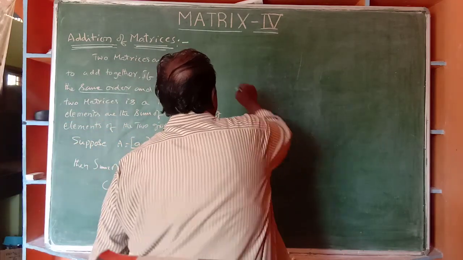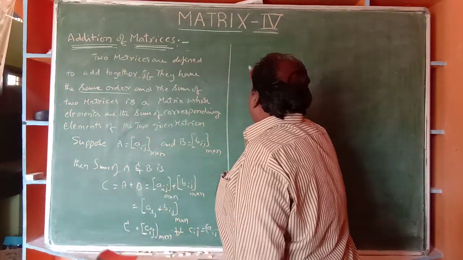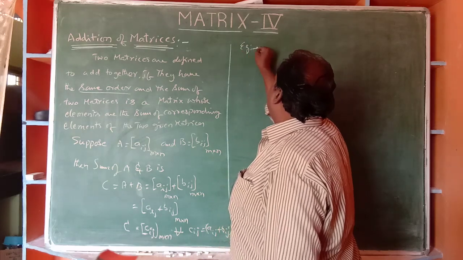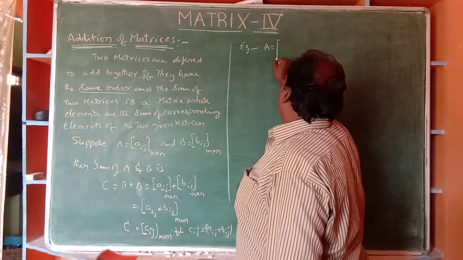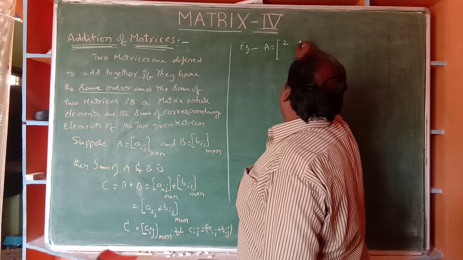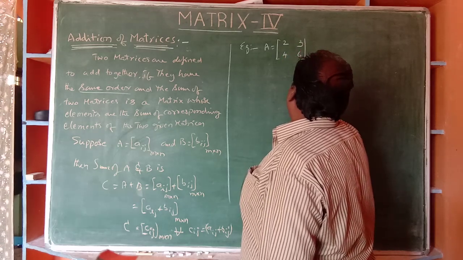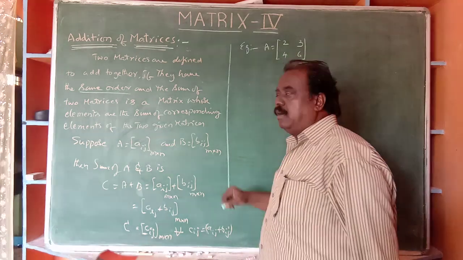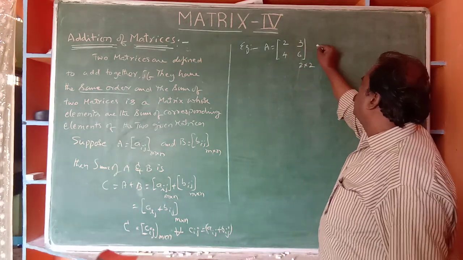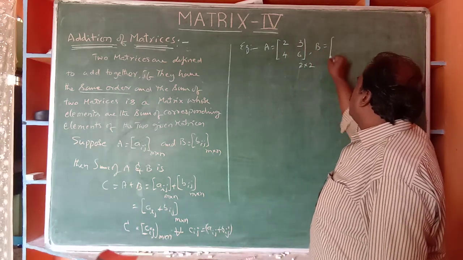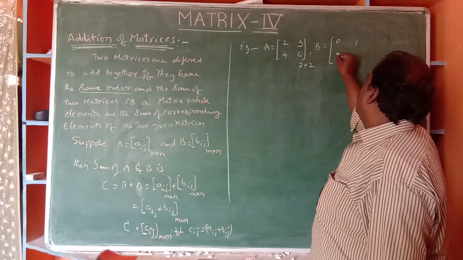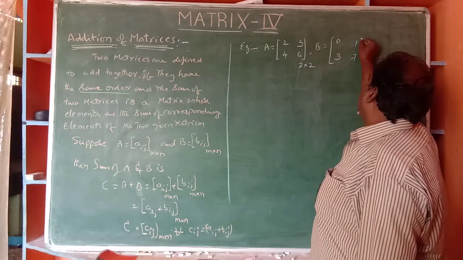Now, one example. Suppose A is equal to 2, 3, 4, 6. It is a 2 by 2 matrix, 2 rows, 2 columns. B is 0, 1, 3, 7.